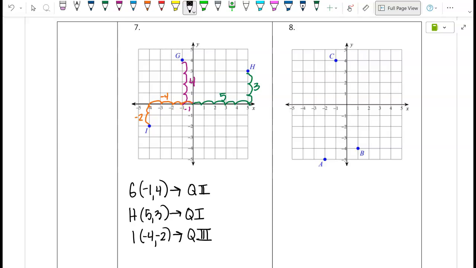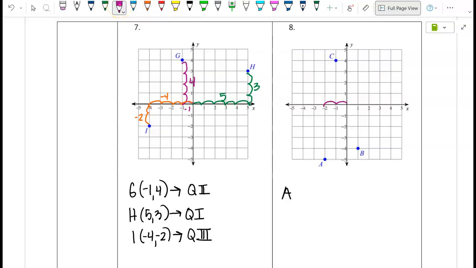All right, the next one we have A, B, and C. So let's start with point A. Melody Luna, what is the ordered pair for point A?